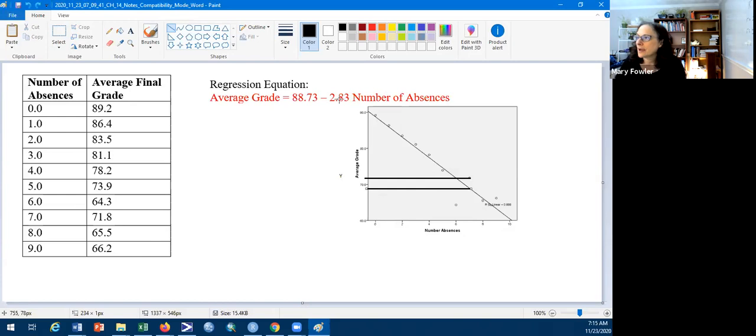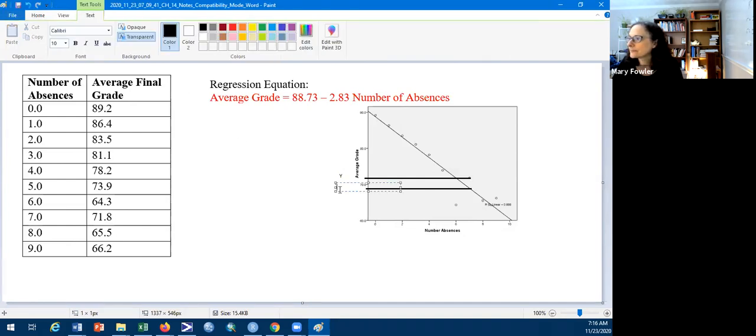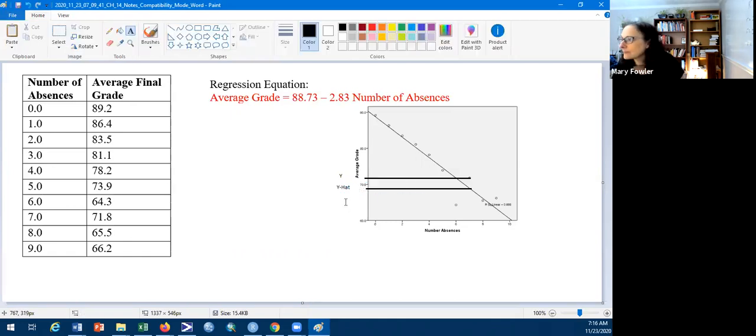This is the value you'd get if you take 7 and put it into this equation. So we'll go ahead and label that as y hat. Okay, so this guy here is y, this guy here is y hat.